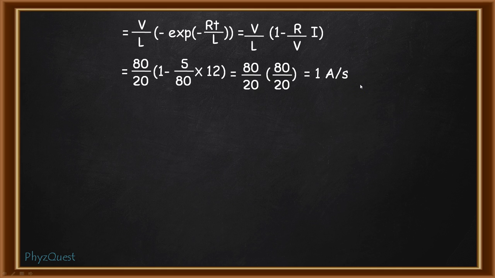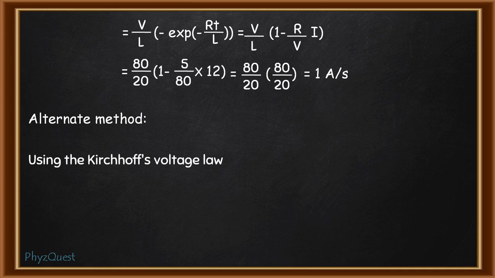Now this can be solved by using an alternate approach. You have been given the circuit, and by just using the simple Kirchhoff's voltage law, you have the relationship V minus L di by dt is equal to Ri.